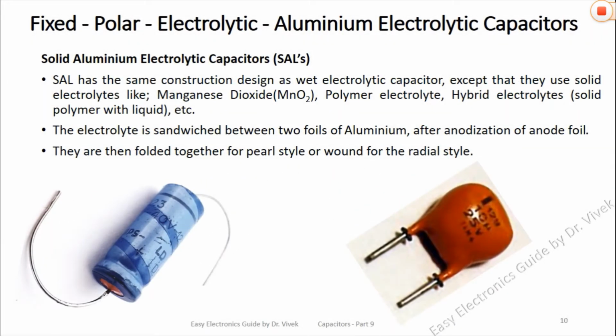Solid aluminum electrolytic capacitors have the same construction design as wet electrolytic capacitors, except that they use solid electrolytes.